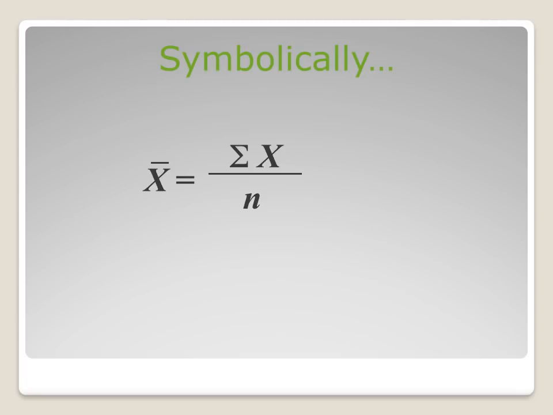What's really important to note about the mean is that it's very sensitive to every value, and that's because you're using every value in order to calculate that mean. So one extreme value or one outlier can affect the mean dramatically.